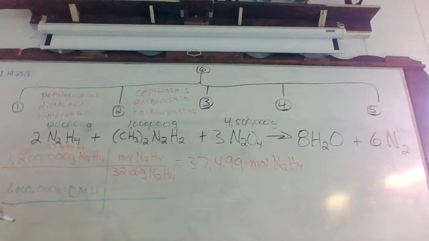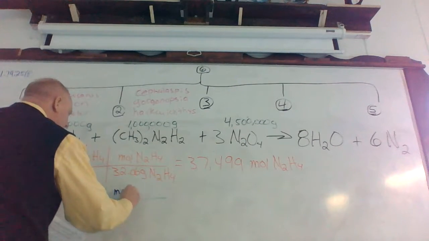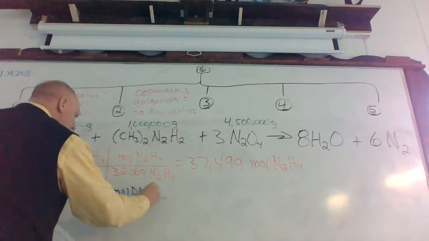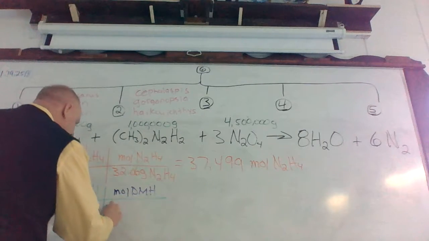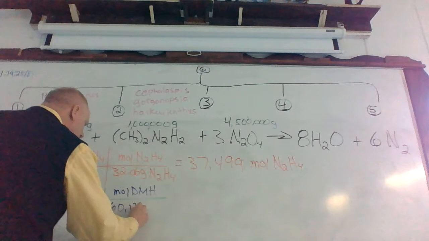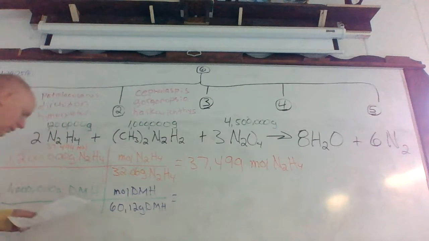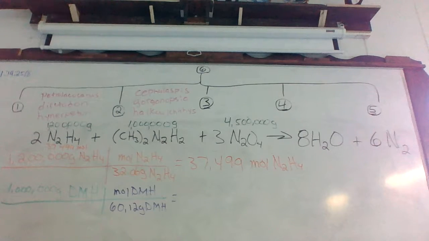I better change colors. Okay, change it to purple. So when we add all them together, for every mole of DMH, we get 60.12 grams of DMH. Are we following along so far?